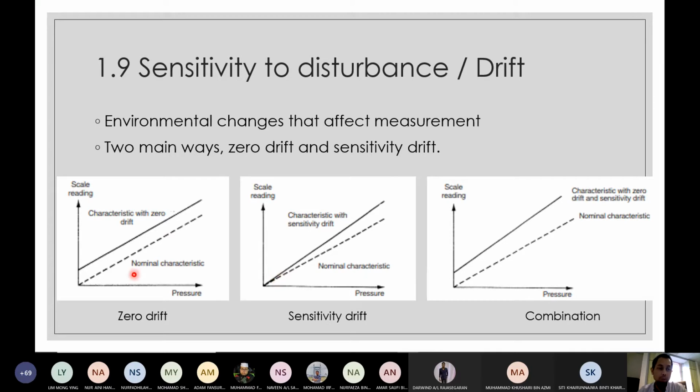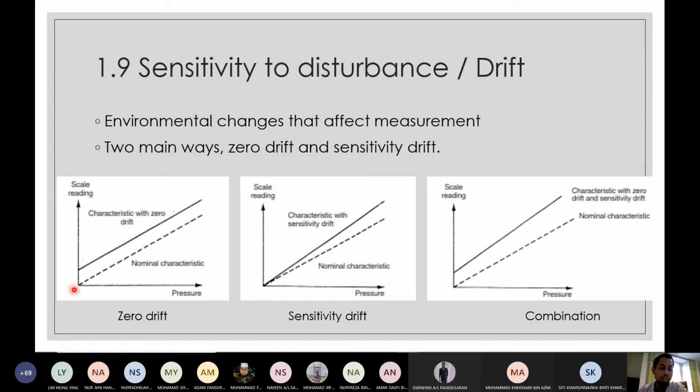So you see the figure on the left hand side. This refers to when you have a consistent drift. That means, for example, on the weighing scale, if you do not do the calibration correctly, then it may have a value before you measure your weight.